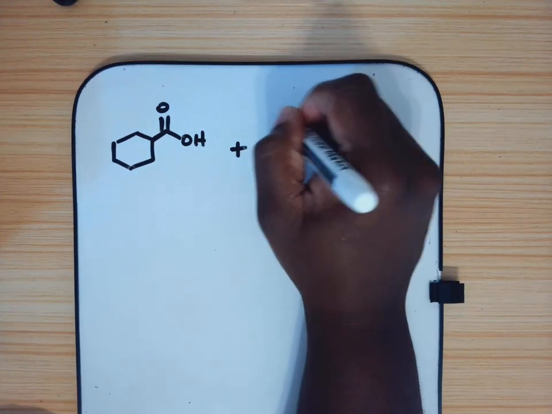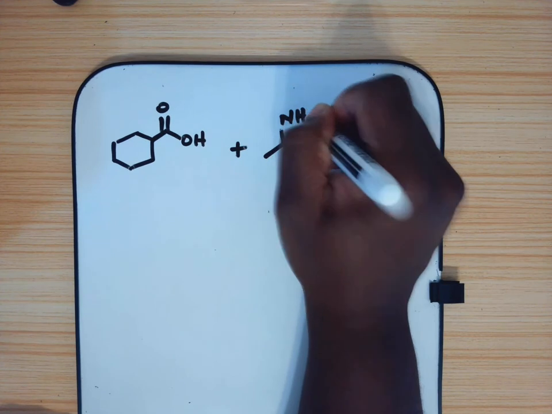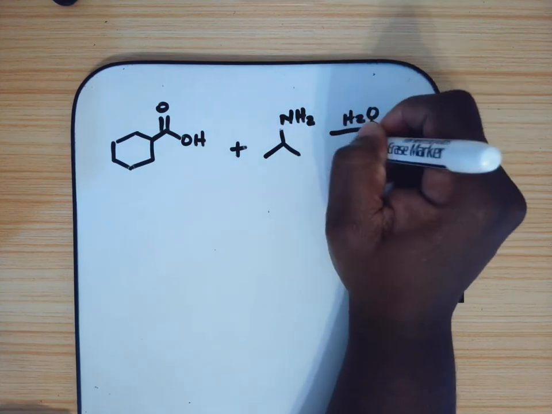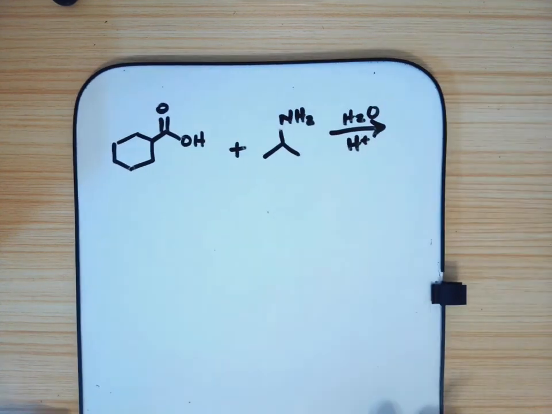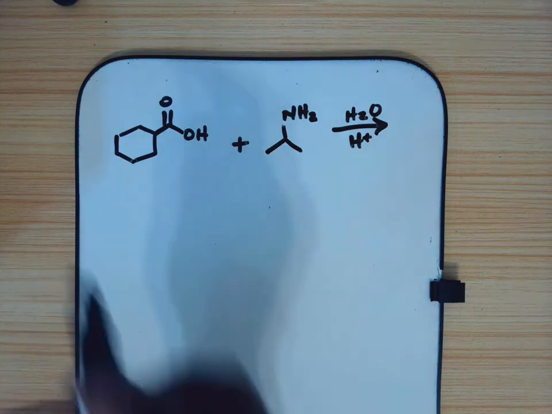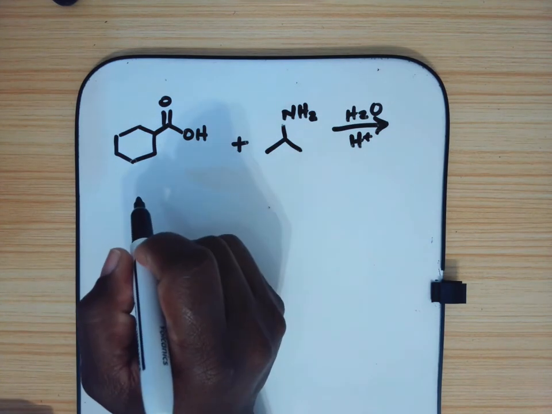Let's just make it an amine. And what you'll see is still going to be the same process. We still have a carboxylic acid, but now instead of an alcohol, we have an amine. So with the condensation reaction, you're going to see your carboxylic acid, but then you'll also see a carbon heteroatom functional group. So we can still go through that same process.